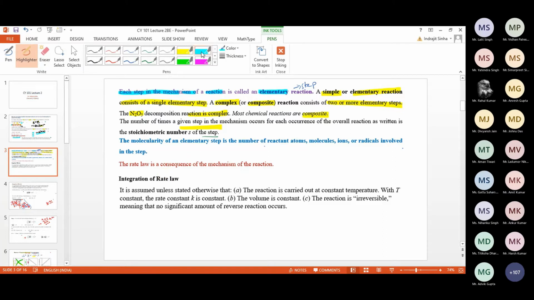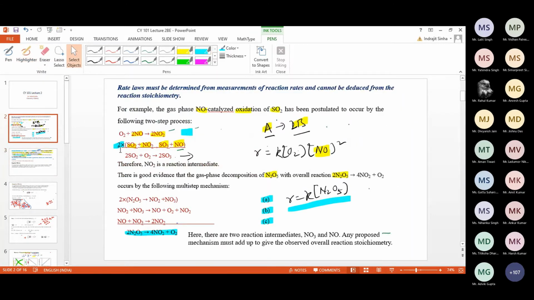Then we come to another important term. You saw in the previous slide that a particular step in the mechanism occurs a number of times. That is, you are multiplying that step by 2. Remember here, you are multiplying this step by 2, and so here also 2, like that.